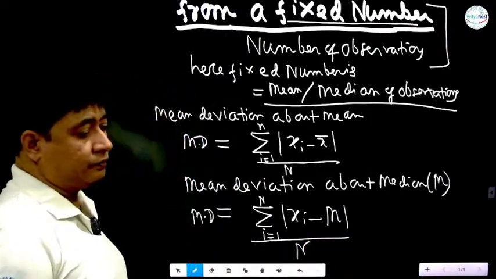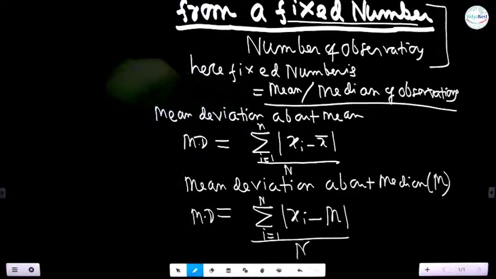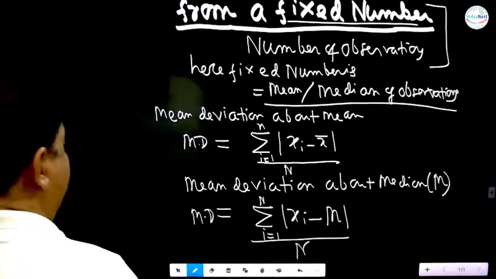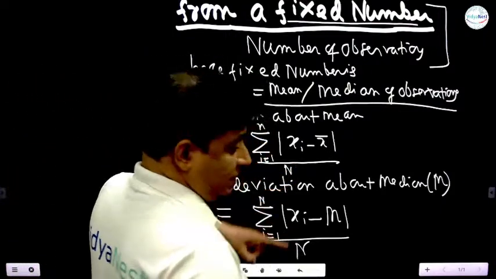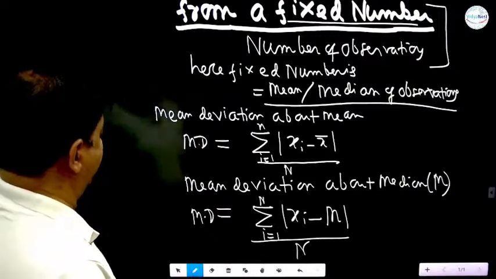Okay. Okay, sir. Now mean deviation with frequency, that is called group data.